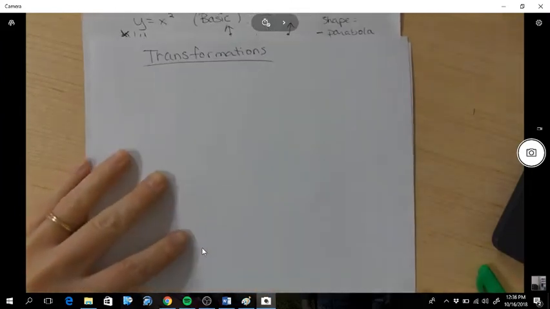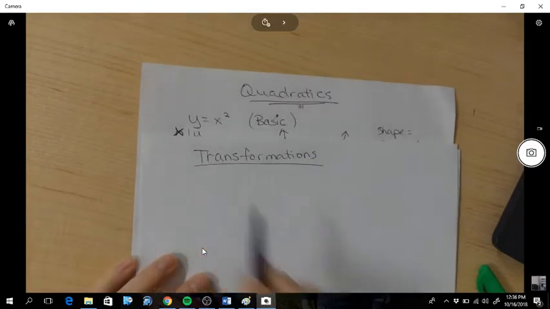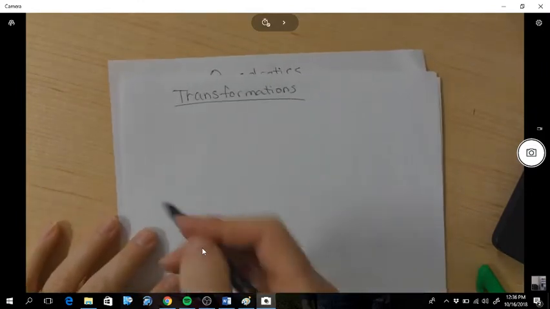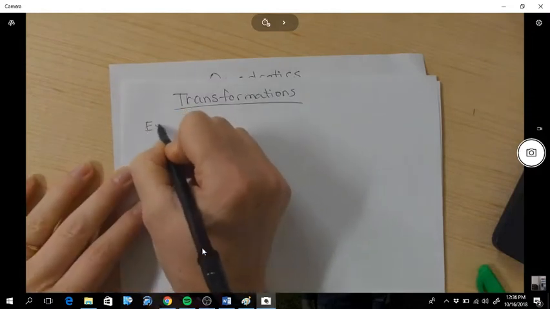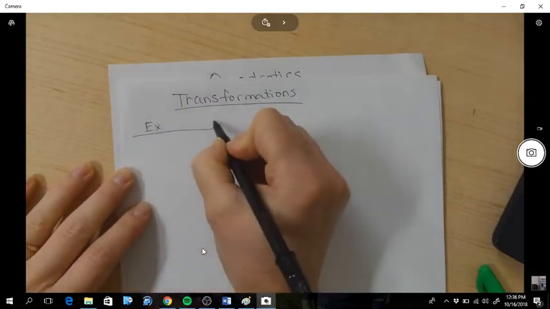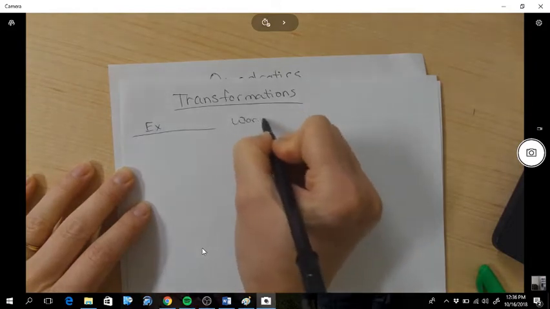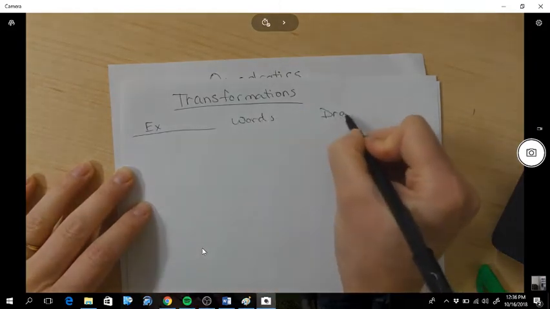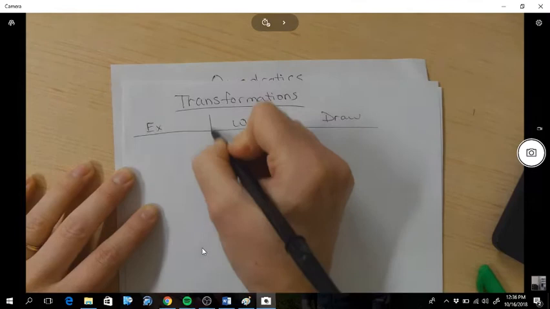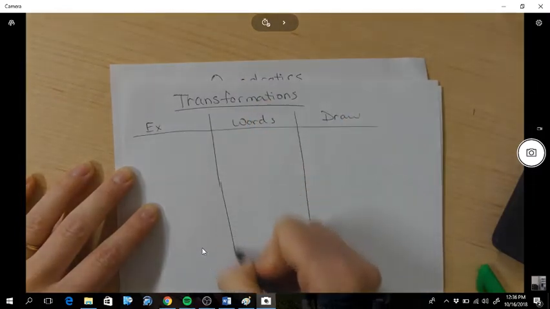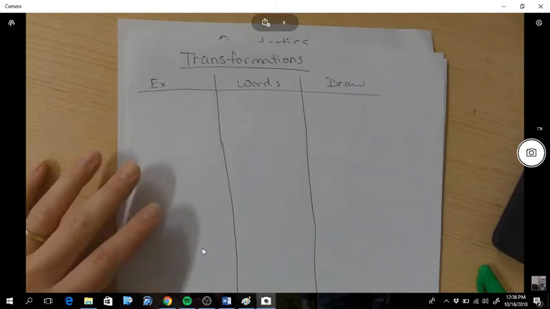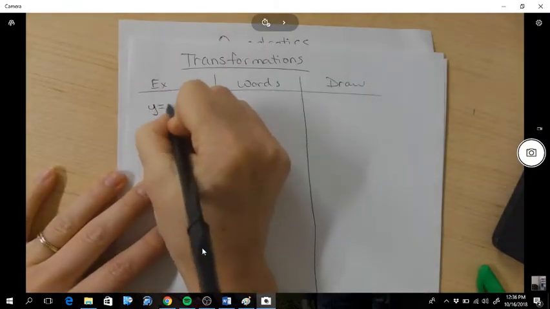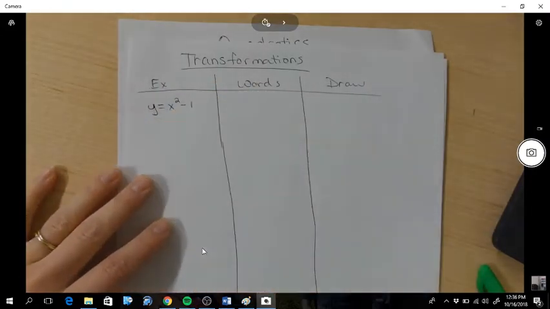Okay, transformations. So we're doing transformations on y equals x squared, what we just graphed. So we're going to do an example. We're going to do the words, and we're going to draw it. Okay, so example 1, y equals x squared minus 1.